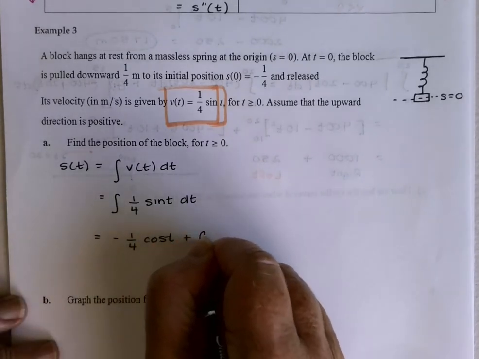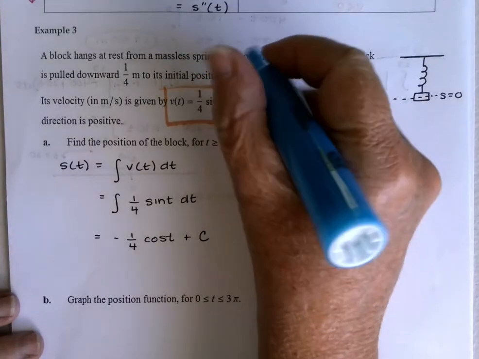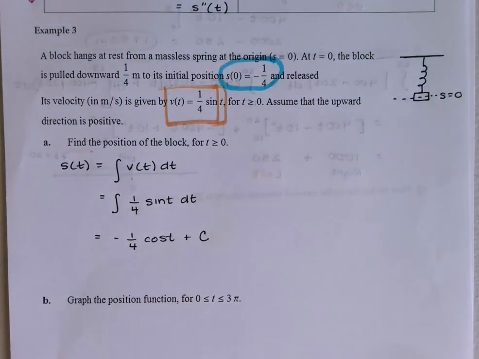And of course, when we do an indefinite integral, we always get that constant of integration, the plus c. In order to solve for that constant of integration, you're going to use the initial position, this extra information that we were given here. We know that at time 0, s has to equal negative 1/4.